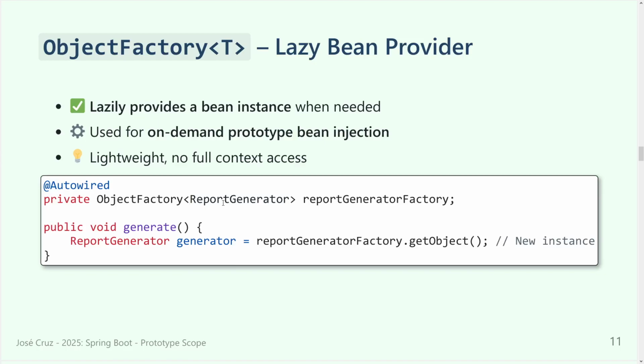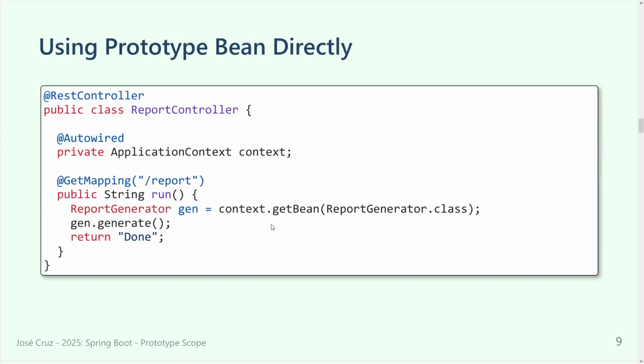Okay, it's not the same as ApplicationContext that contains all the beans. This one is specific for this bean, and we can autowire as many as we want. So we have here a report generator factory, meaning that I write reportGeneratorFactory.getObject, and you can compare with this one, with this getBean, where we provide which bean we want.